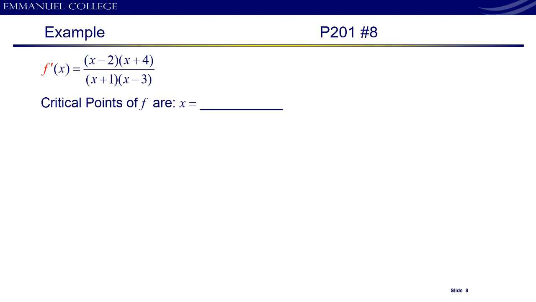So if we look at the numerator of this function, then I have positive 2 and negative 4. These are where f prime is equal to 0. But then look at the denominator. I have negative 1 and positive 3. This is where the derivative is undefined.